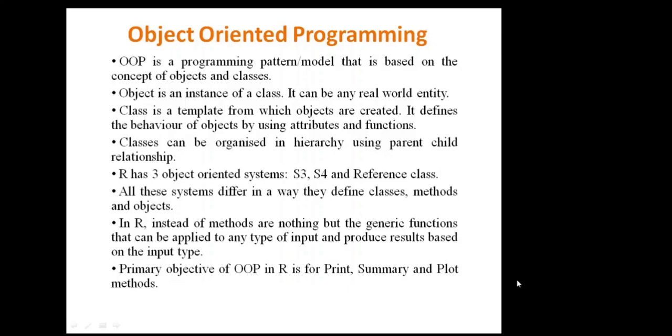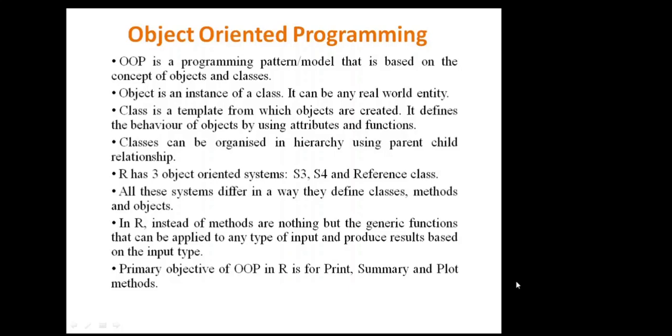S3 is a type of object-oriented system in R which was introduced in the third version of the S language. S4 was introduced in the fourth version of the S language. That's why they are named S3 and S4 respectively.